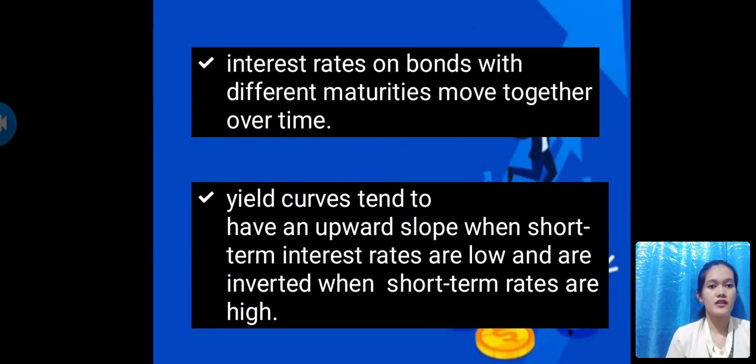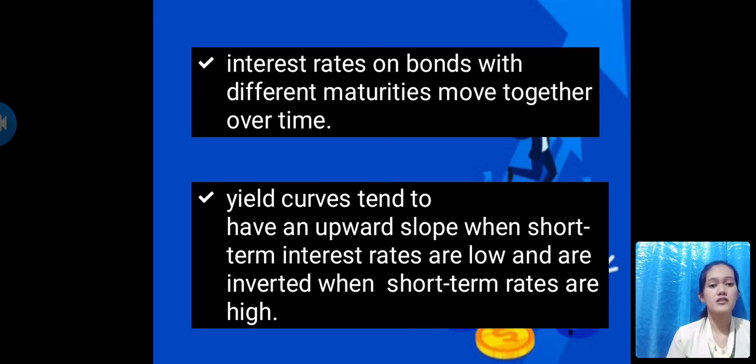So the expectations theory explains that interest rates on bonds with different maturities move together over time, since long-term interest rates are the average of expected future short-term rates.